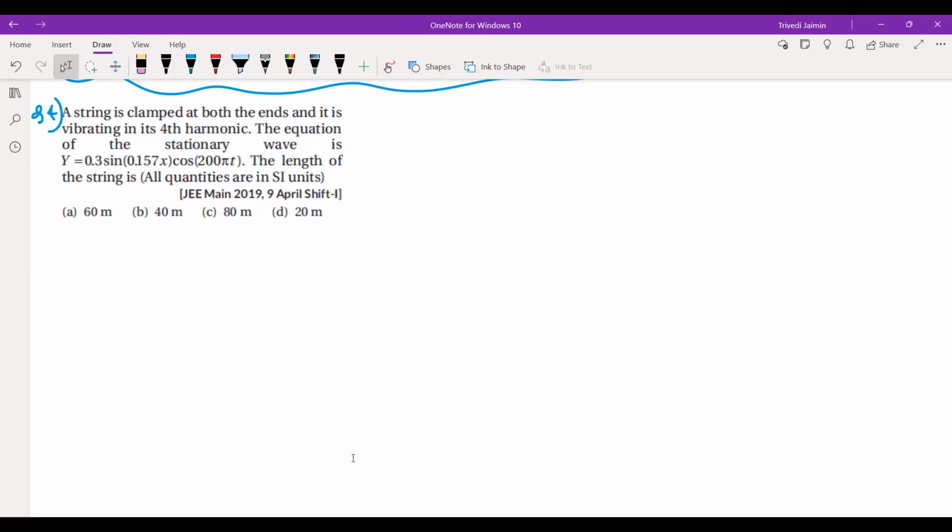Well guys, solve it. Are you doing or you want some starting?